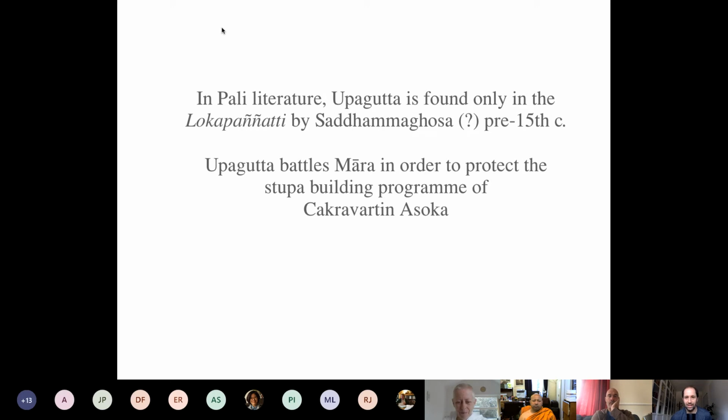Then there is a kind of showdown between Upagupta and Mara, in which each of them transforms into powerful beings or monsters, to the point where Mara becomes a snake or a dragon, and Upagupta becomes a Garuda bird that can kill a dragon. So in this way, Upagupta wins the showdown.